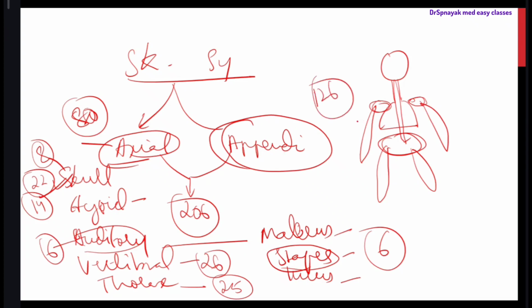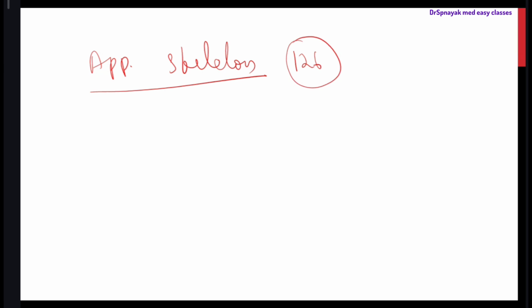Let me tell you very clearly: in the appendicular skeleton, how many bones do we have in total? We have 126 bones. This is very important, one number you have to remember.